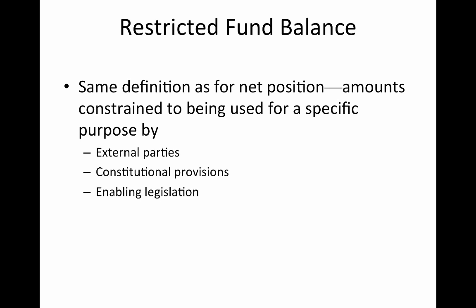Restricted fund balance is the first of the classifications of fund balance, and it's the same meaning as restricted net position. It's essentially a limitation that is imposed externally on the government's ability to use those resources.